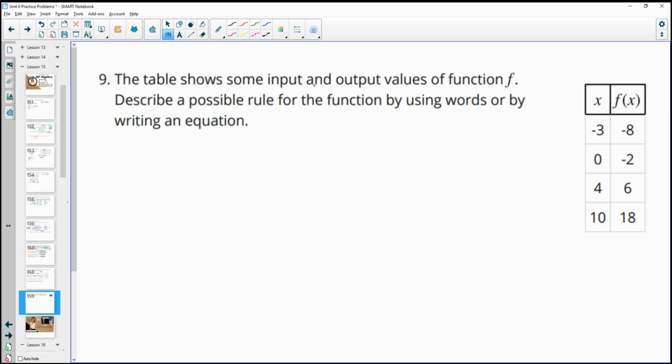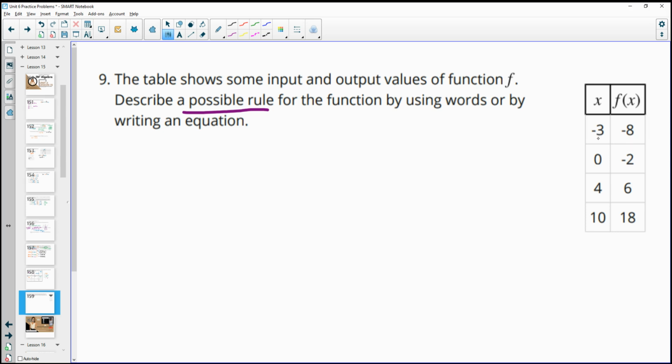Number 9 shows a table of some input and output values of function f. Describe a possible rule for the function using words or by writing an equation. So you want to see if you can notice a pattern here.